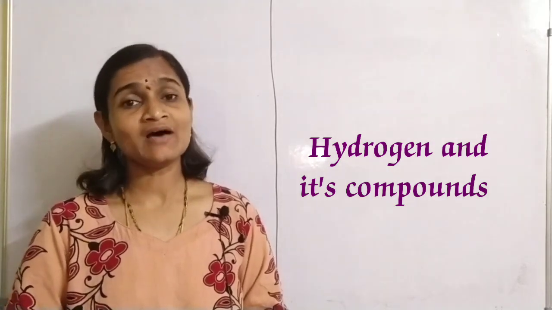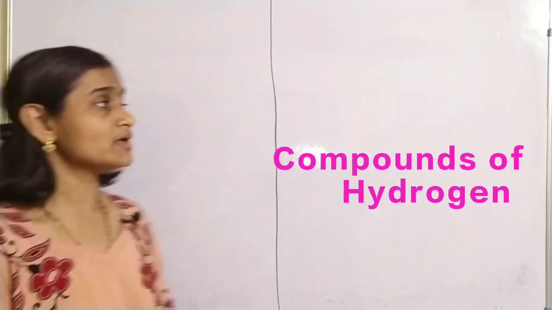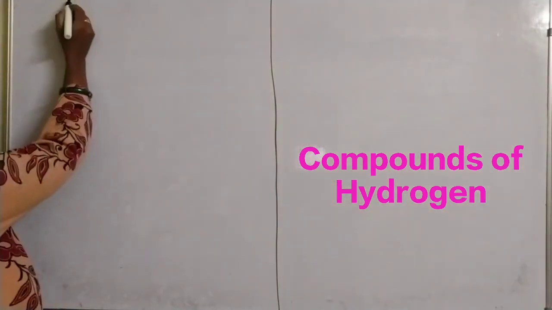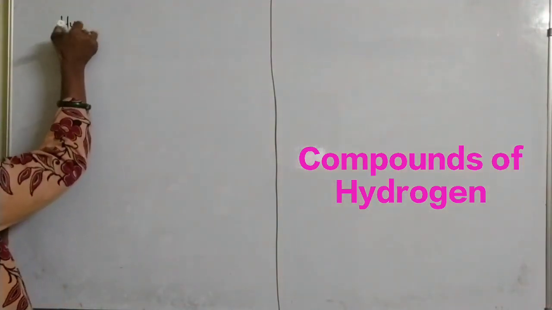You are all already aware of hydrogen and its compounds. I will give a little introduction, and later we will deal with objective questions which we come across in this lesson. So hydrogen and its compounds, this is our topic for today.